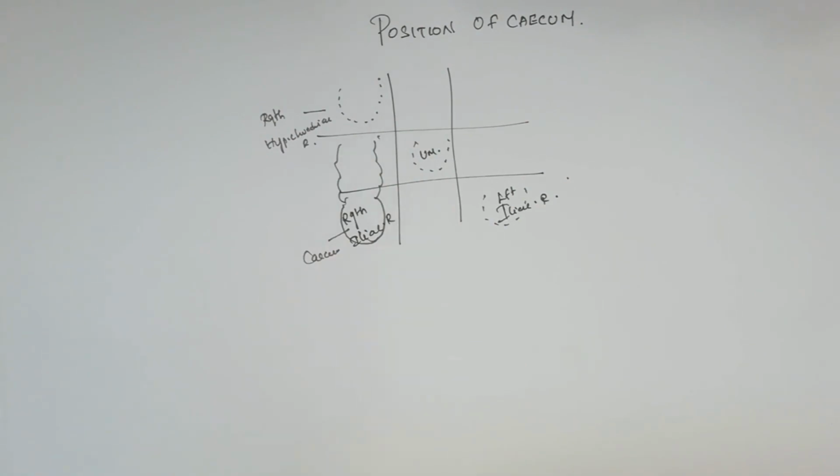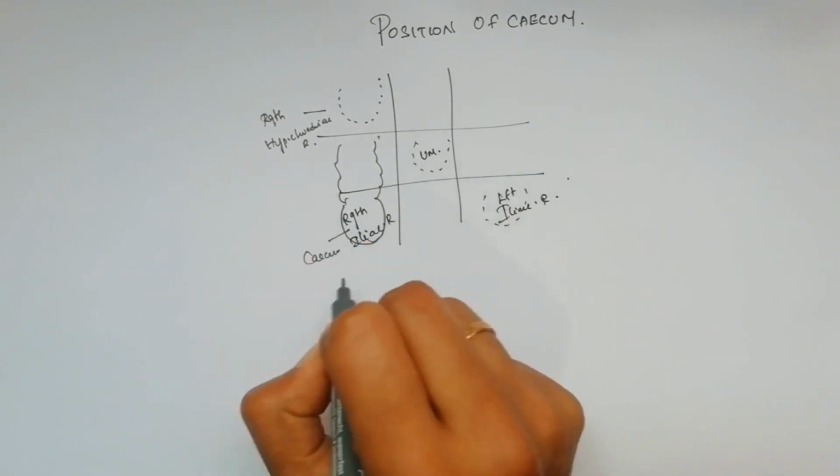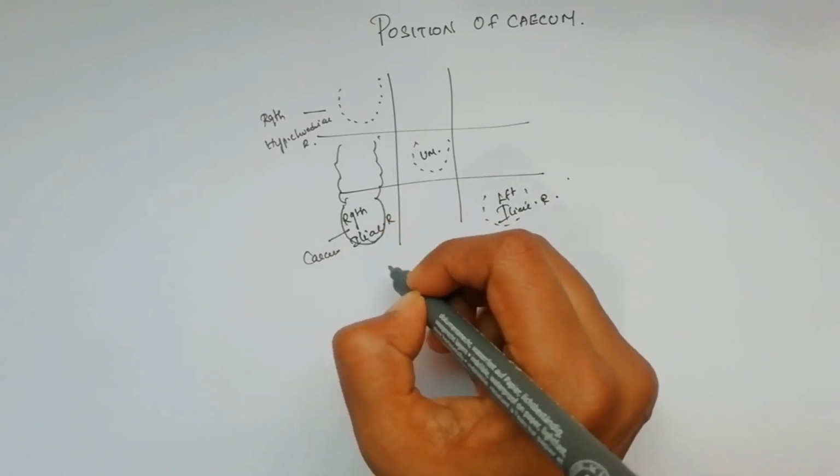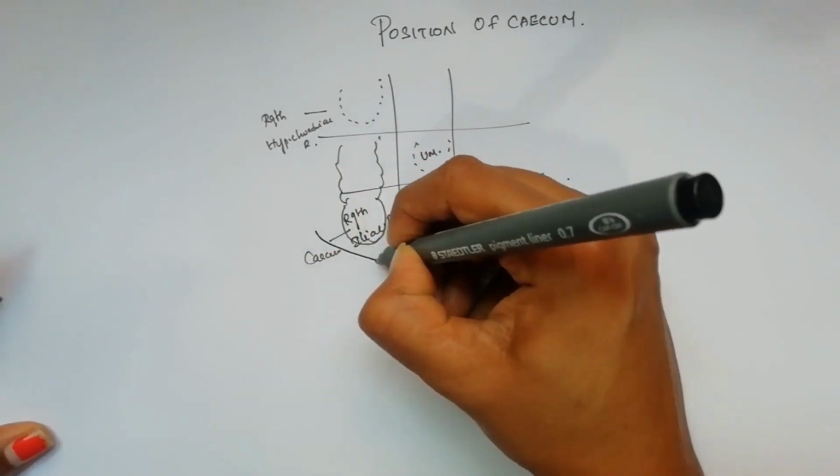Now we will move on to the other details, such as the topography for finding out this cecum. The cecum is covered by peritoneum, and for the positioning we have got our topography.